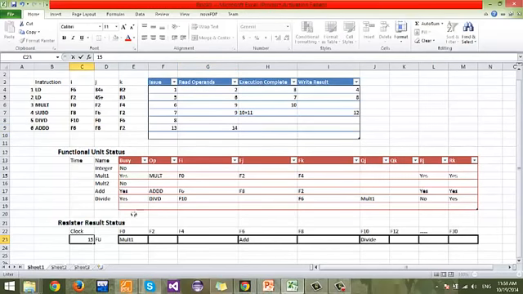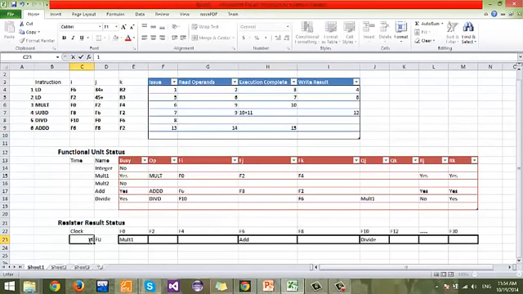Let's move to clock cycle 15. What will happen in clock cycle 15? Div D yet cannot read operands. Add D will go to the execution stage, and there will be no other change.